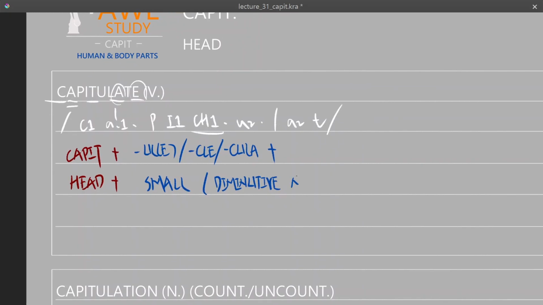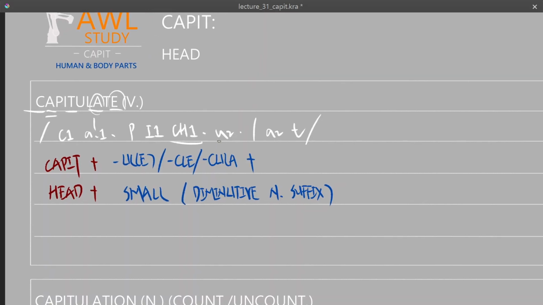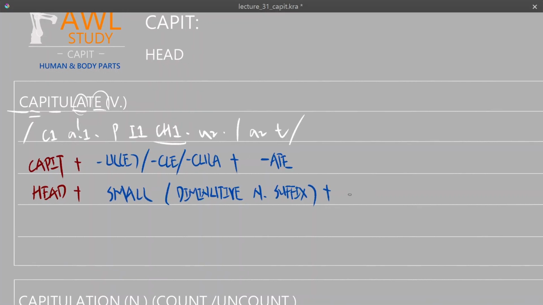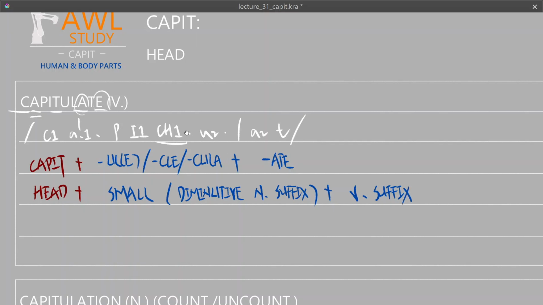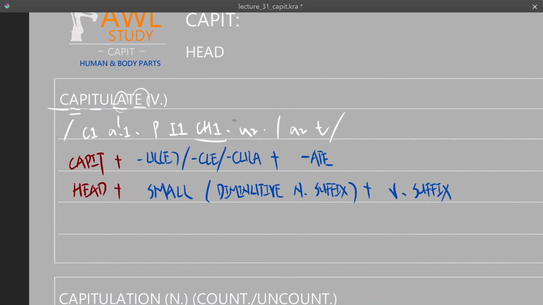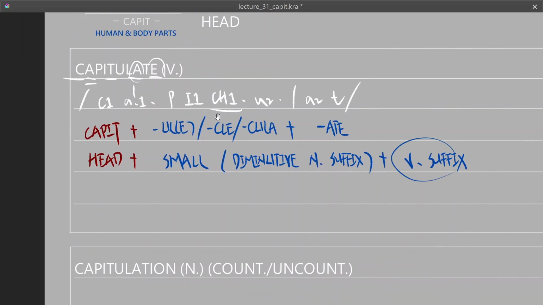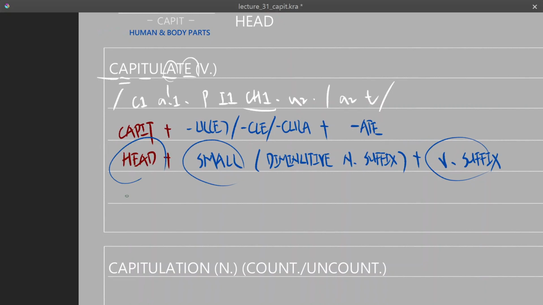And lastly, we have ATE, in this case a verb suffix. So capitulate literally means to have a small head.